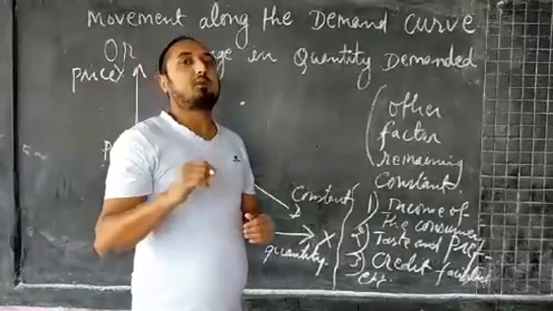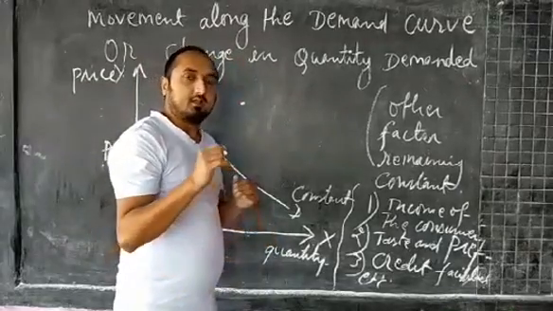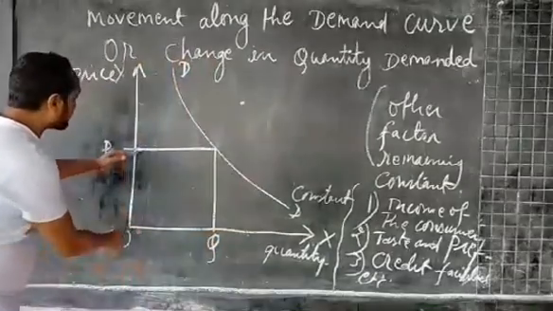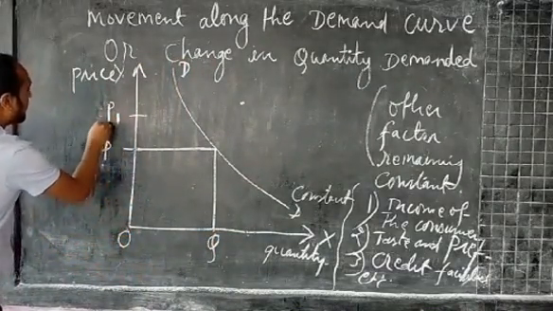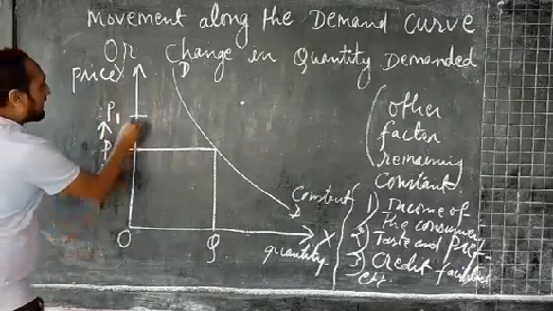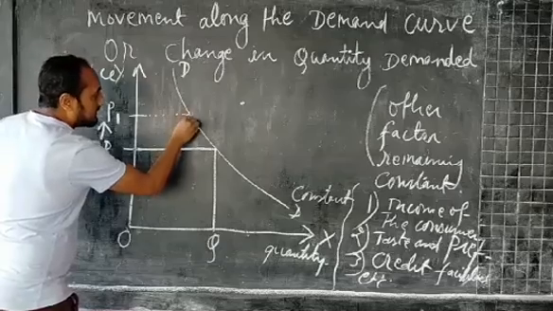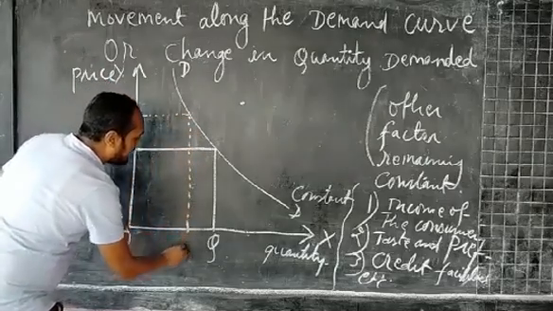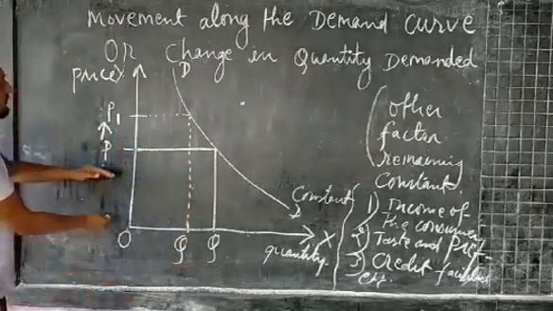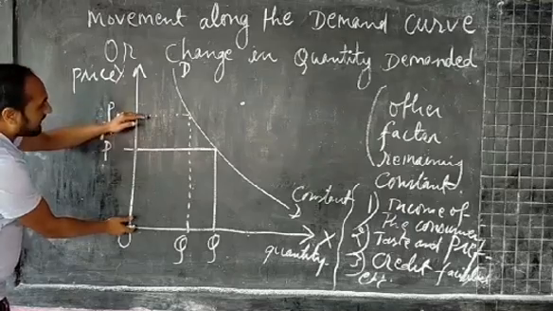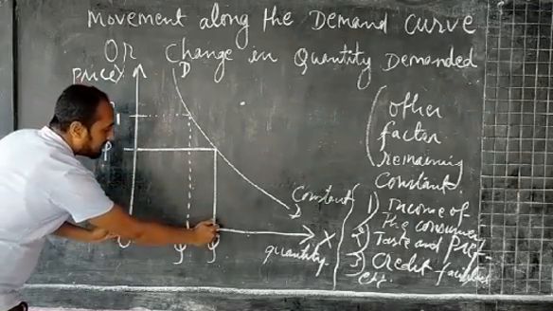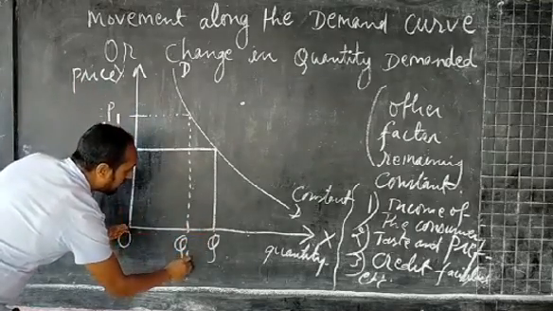Now if the price of a commodity increases from OP to, say, OP1, that is a rise in price, what will happen in the case of change in quantity demand? We can see that due to the rise in price from OP to OP1, there will be a decrease in quantity demand from OQ to OQ1.